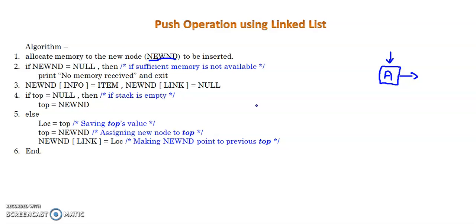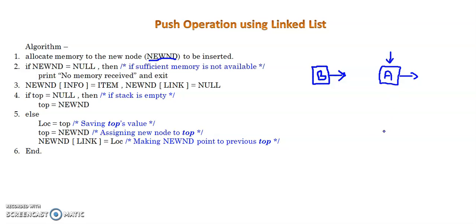So if memory is available, we enter some element in its information part and provide the link part as null. Say the information is B. This is my new nd node, and the link is here. This node I am going to enter in my stack.